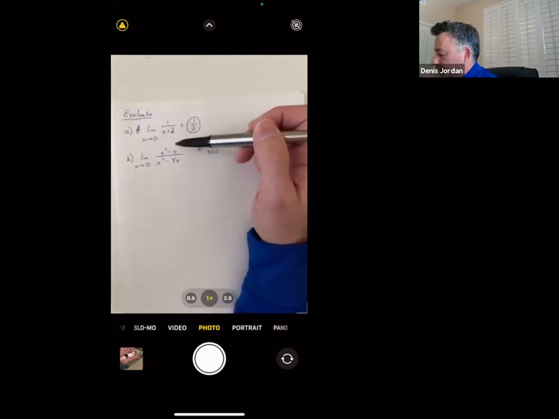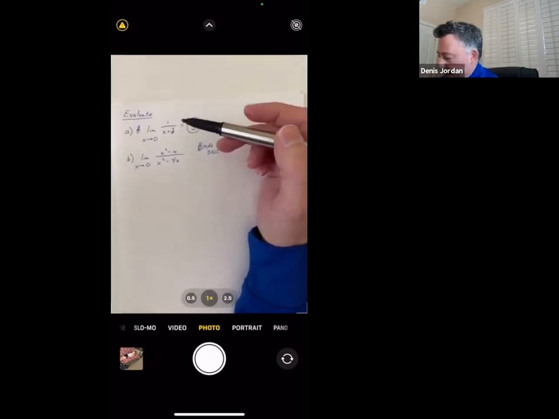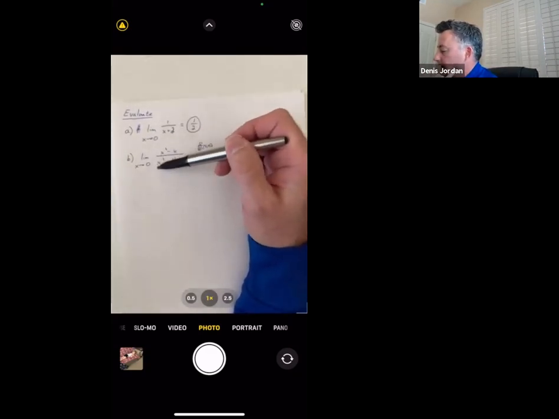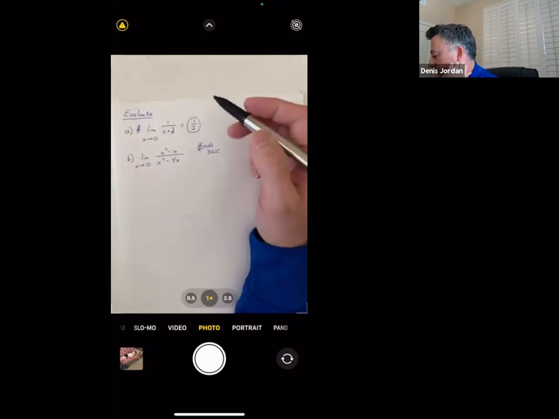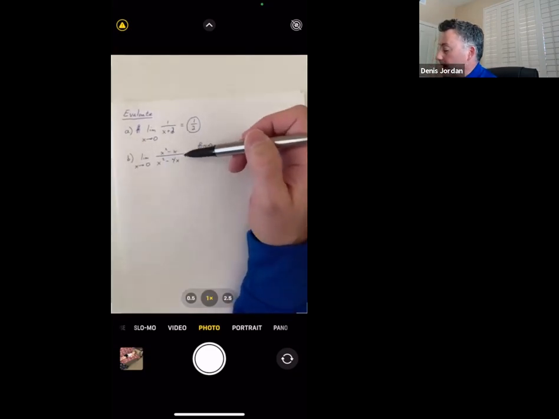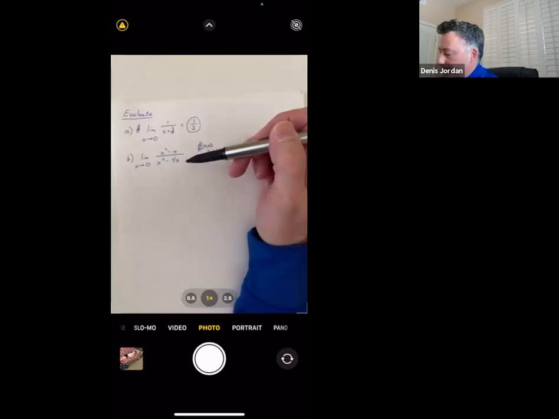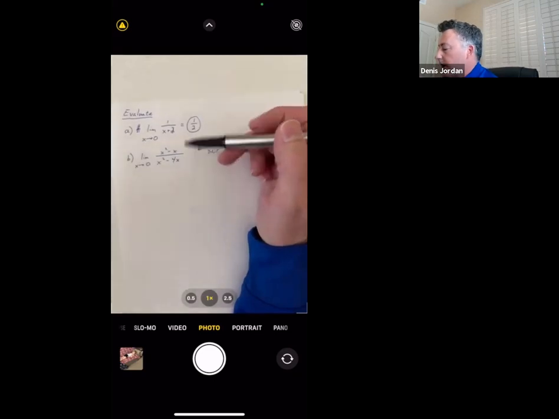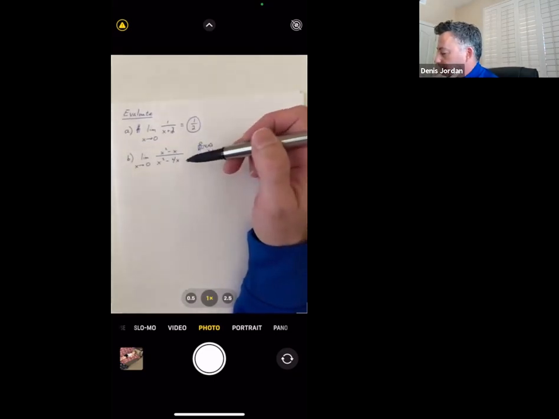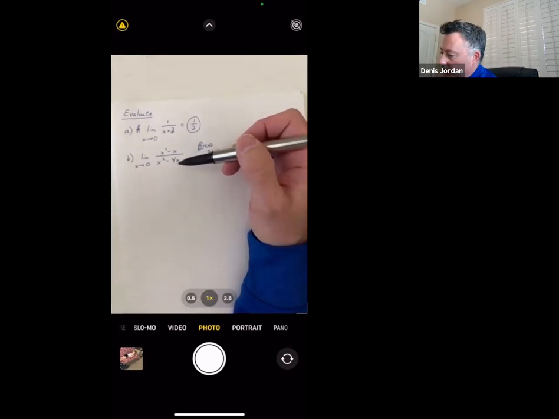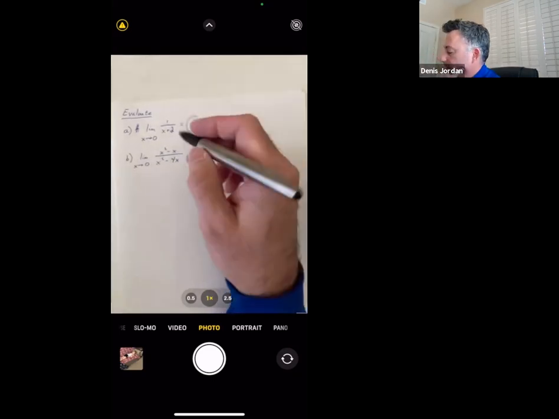If it's an algebra problem, that means you actually have to use algebra to get to a place to plug in this value. So if you're saying, hey, this is DNE, you better stop and make absolutely sure that it is. So if you can manipulate it, go from there.